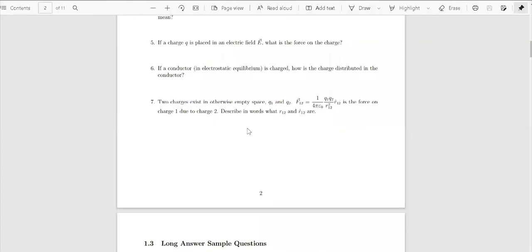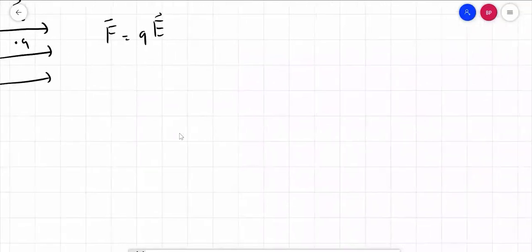All right. If a conductor in electrostatic equilibrium is charged, how is the charge distributed in the conductor? It's always only on the surface, and it's more concentrated in places where the radius of curvature is less. So we did this in class today.